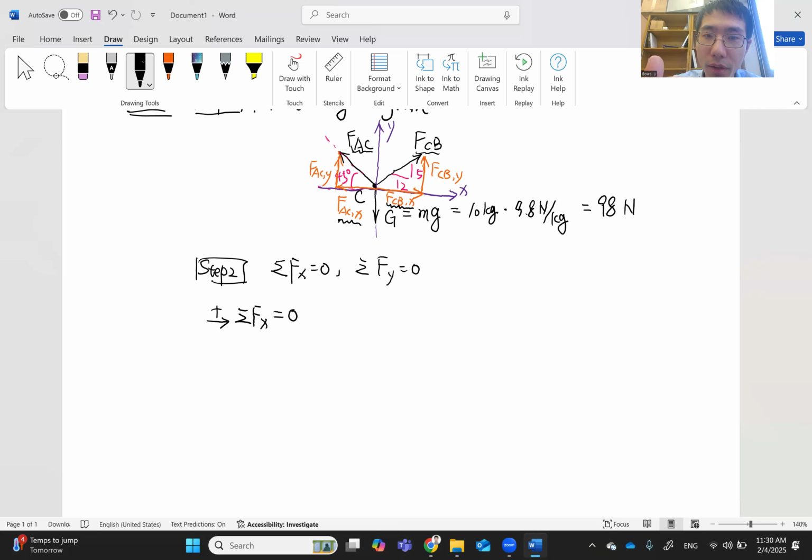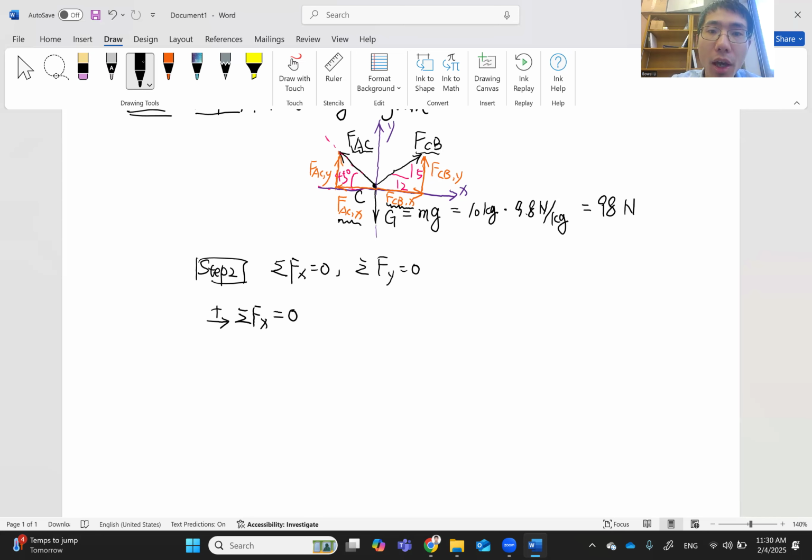Now do you think FACX is the opposite or adjacent? You may pause the video and think about that. FACX is adjacent to the 45 degrees here. In other words, it is one of the sides that forms this 45 degree angle. So adjacent equals hypotenuse times cosine.